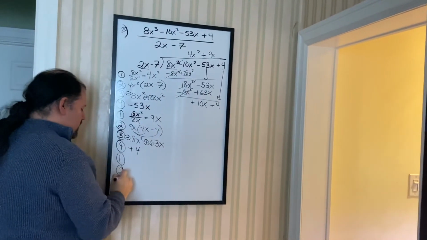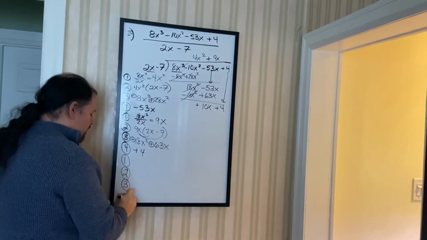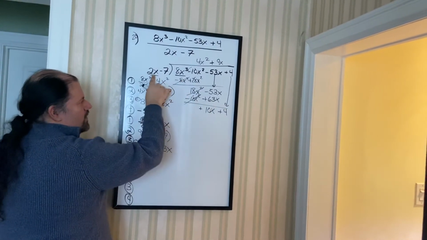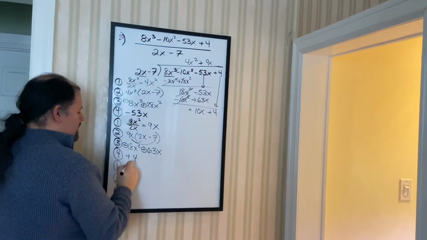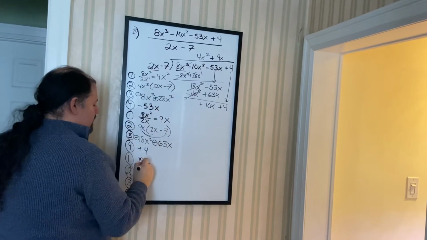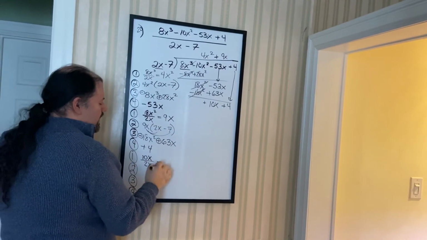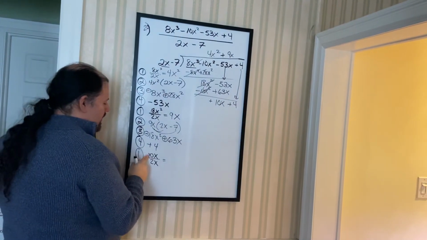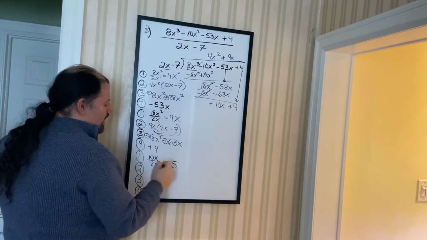1, 2, 3, 4. Okay, first term. So 10x goes on top, and then 2x from our divisor. So when you divide this out, x versus x, there's a tie, they cancel out. So 10 divided by 2 is 5.